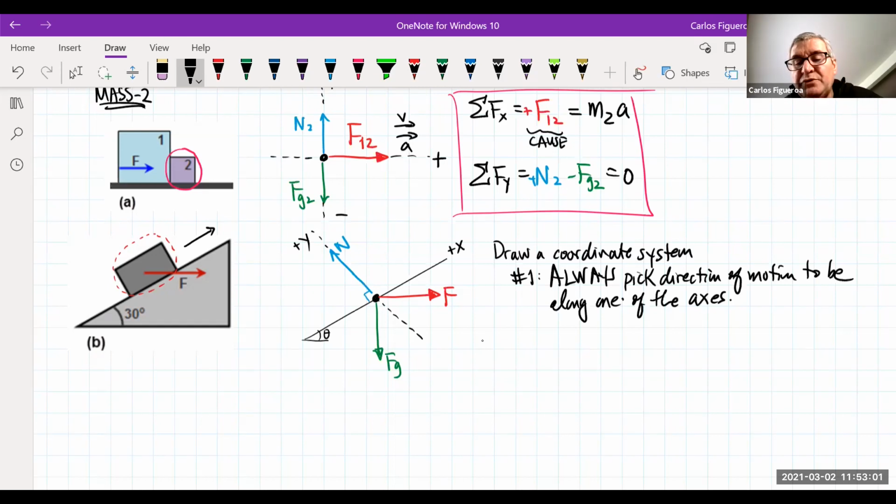And under rule number 2, you would say, no, I should line up the other way. But rule number 1 is pick the axes as one of the directions of motion. That overrides that rule. So now we need to break the vectors into components.